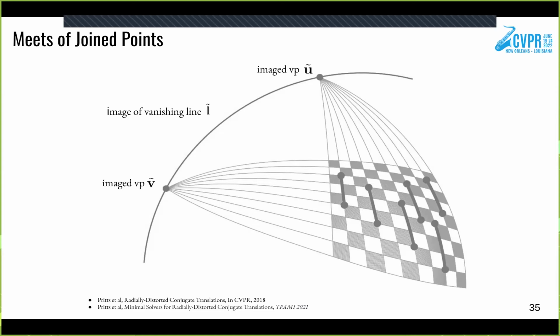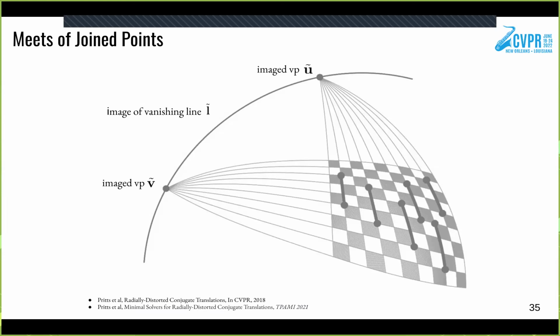So what is a join? Well, a join is these black lines. This is in the distorted scene. So we actually have distorted meets and joins that are shown here. So bear with me there. But a join is simply like joining 2 points, and then a meet is where all of those lines are meeting. And the joins give you the parallel lines, and the meets give you the vanishing points, and then you join again to get the vanishing line.